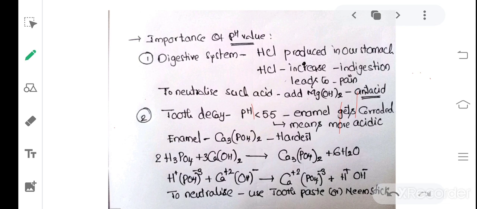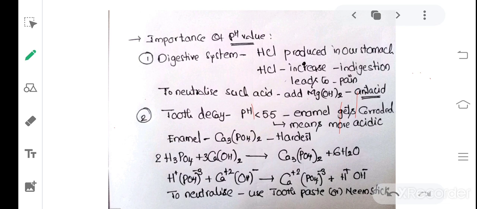When the acid quantity increases beyond a certain limit, it causes indigestion, leading to pain and irritation in the stomach. When the acidic nature increases, that means the HCl quantity is increasing, it leads to gastric pain.